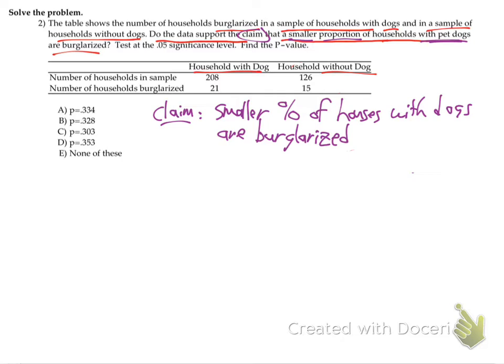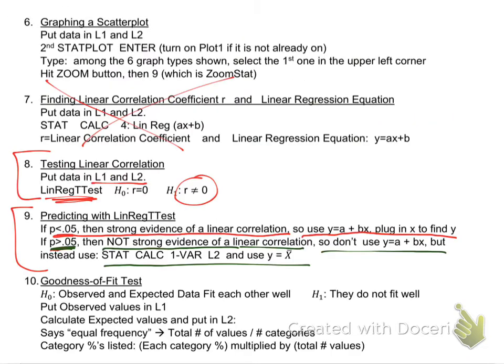So we're clearly talking about percentages, proportions, not averages, because pretty much all the problems we do are either percentages or averages. This one is proportions, which is the same thing as percentages.